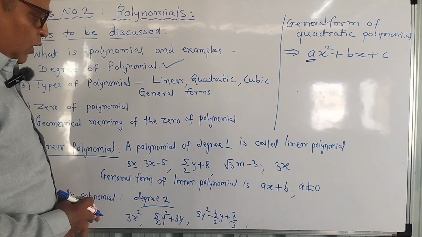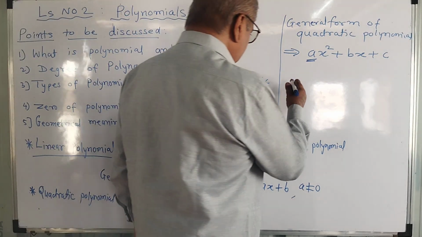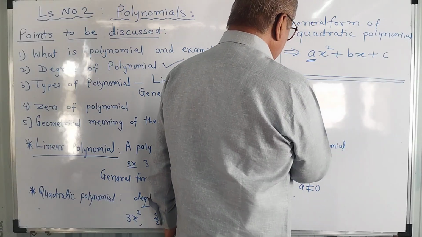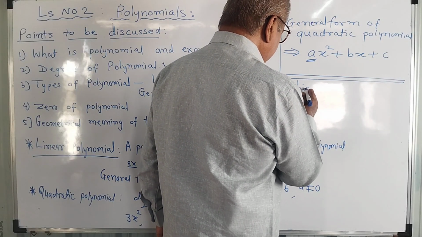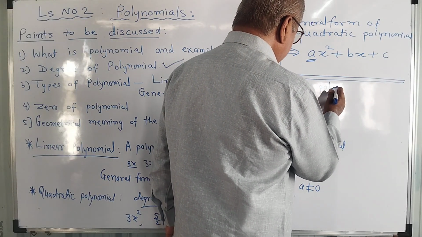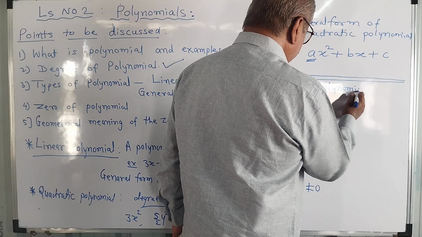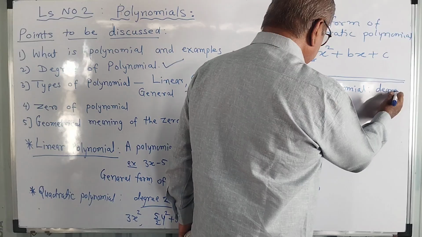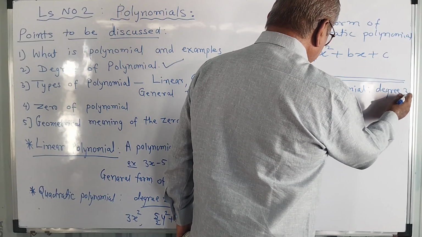Now cubic polynomial, only general form and some examples. Cubic polynomial: the polynomial having degree 3.